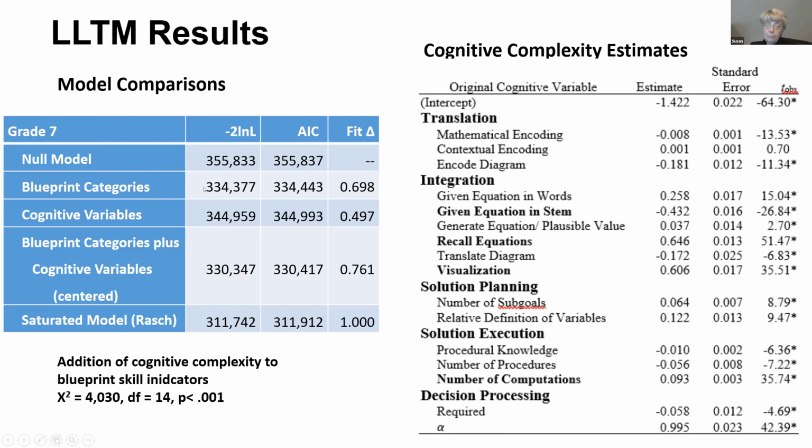And so the blueprint categories have a fit of 0.698. The cognitive variables by themselves, 0.497, not too bad. Putting them together leads to 0.761. And you can see that it is significant to add the cognitive complexity to the blueprint skills.